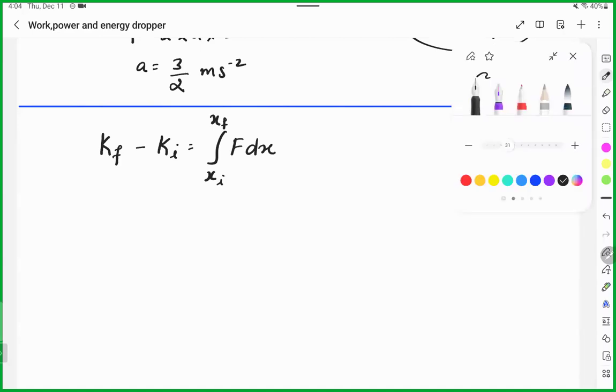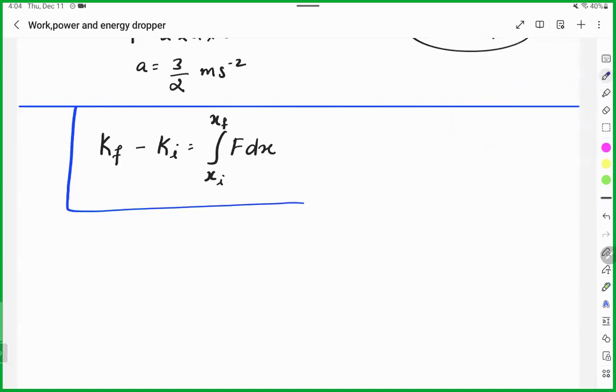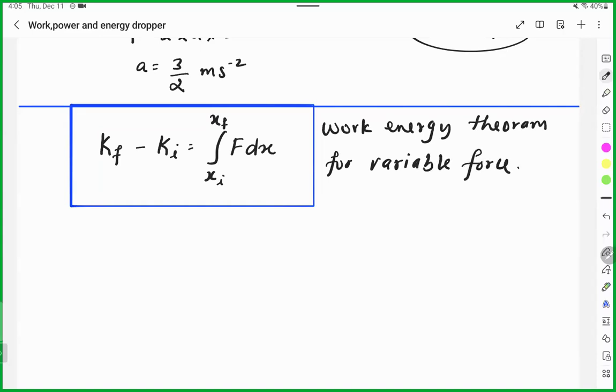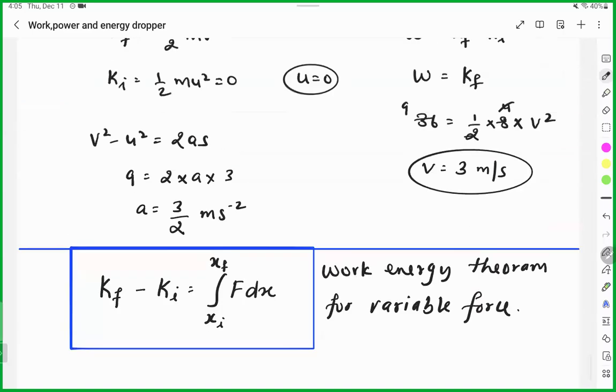I just wrote work done in integral form. Understood? So this is the work energy theorem again, but for variable force. Okay. So if you understand this, write the next question.